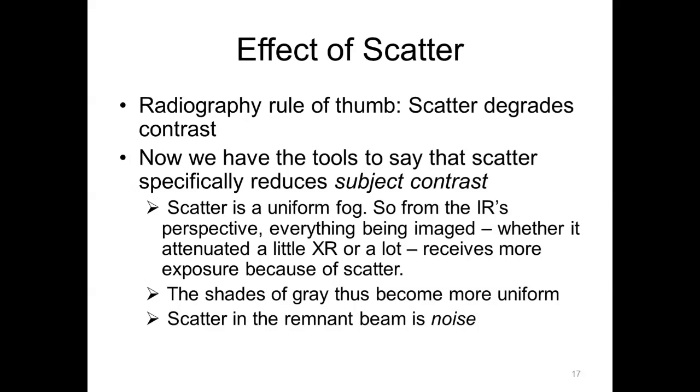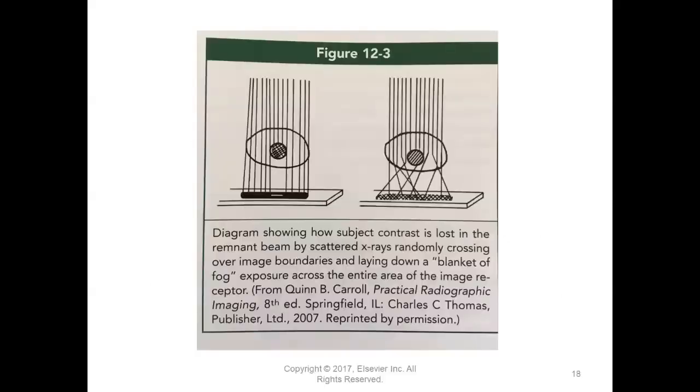It's just degrading your contrast. This book has a great example of this, figure 12.3, page 201. Diagram showing how subject contrast is lost in the remnant beam by scattered x-rays randomly crossing over image boundaries and laying down a blanket of fog across the entire area of the image receptor.